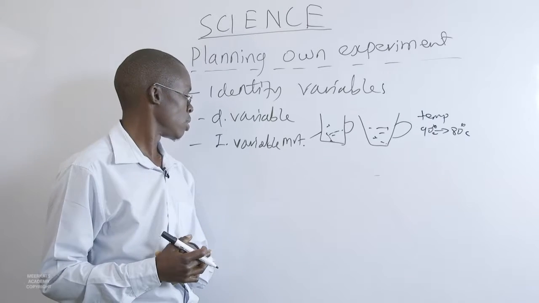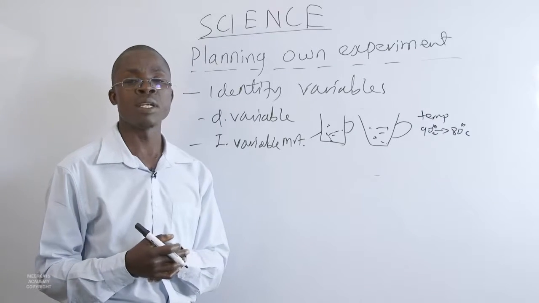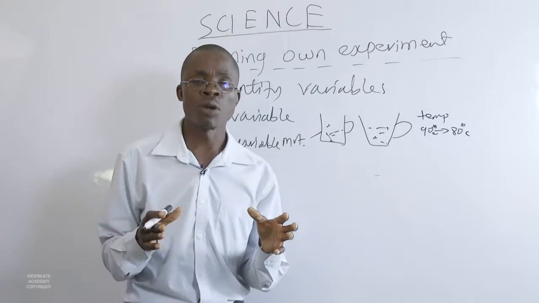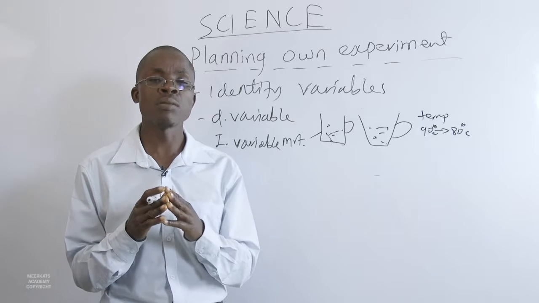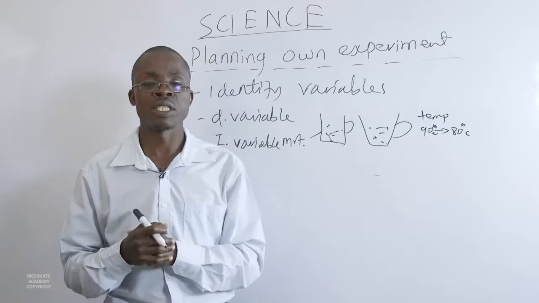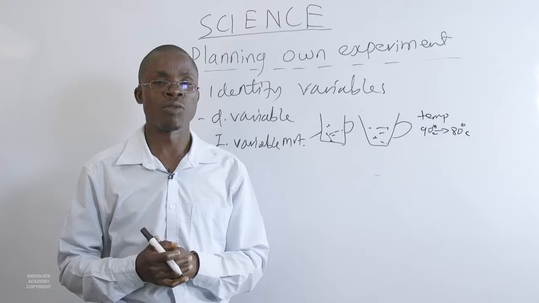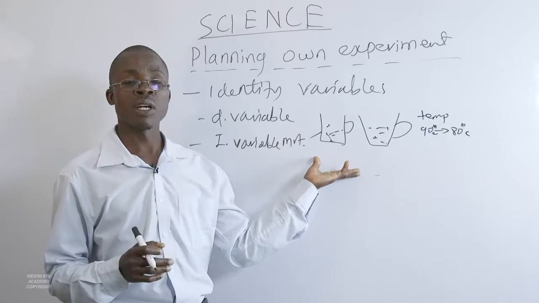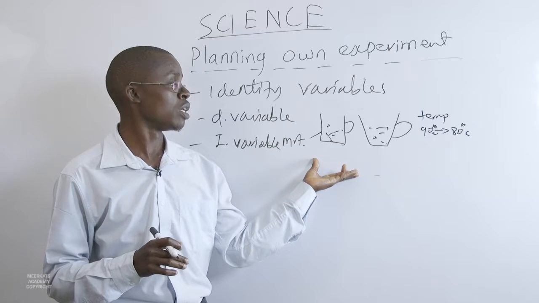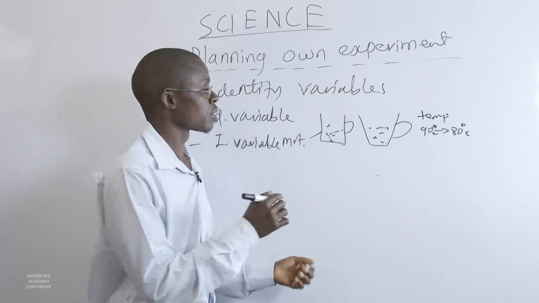But we have another one, and that is an independent variable. This one is a variable that will always vary whether something happens or it doesn't. It will always move. And that one, going by the previous experiment you worked on, is time.